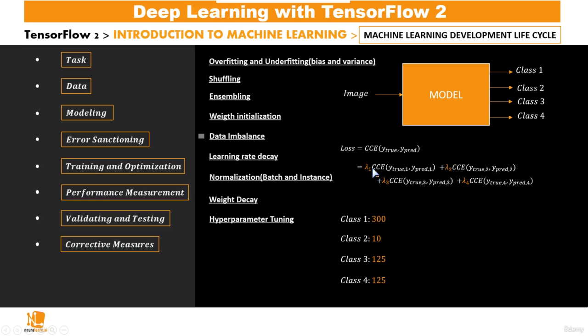Now, we shall multiply each part with a corresponding factor. And the way we shall multiply each part is such that classes like class 2, which have very few data points, will have a higher factor.